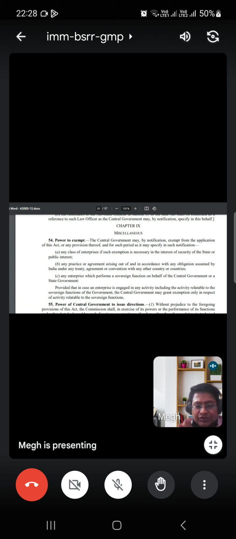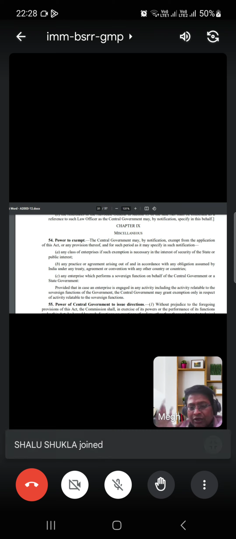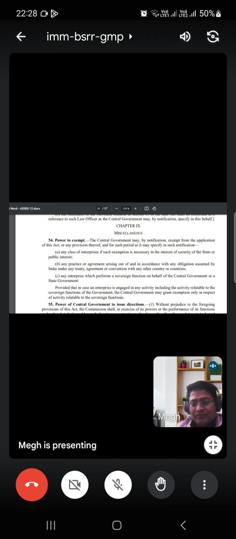Competition advocacy provision, section 49. It says that the central government, when formulating any policy, can take the advice of the Competition Commission of India.